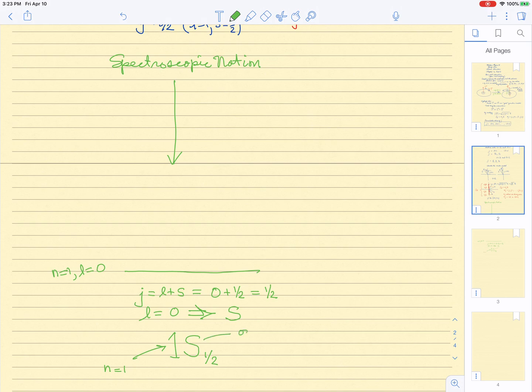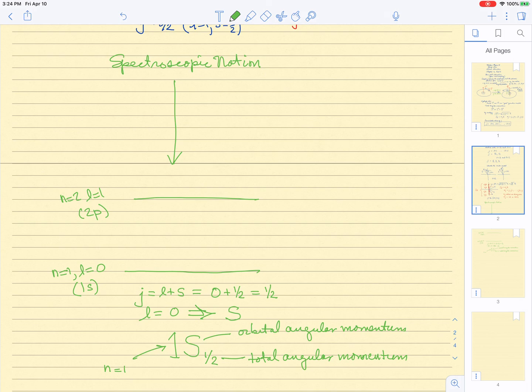Okay, so this comes from n equals 1. This is the orbital angular momentum. And this is the total angular momentum. Okay? So now if we look at the 2p state, so this was the 1s state. If we look at n equals 2, L equals 1, which is the 2p state, and then what happens there?